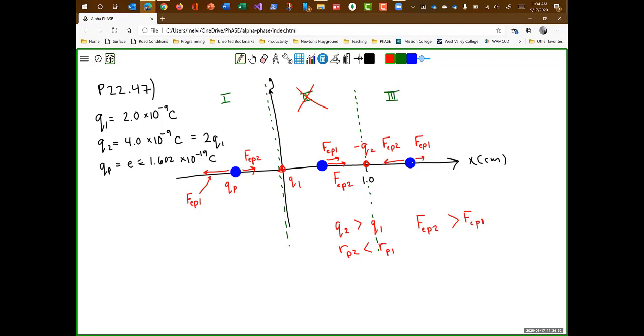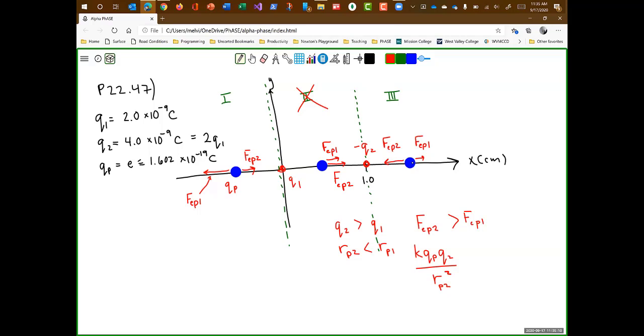And the reason why is if you look at Coulomb's law for these point charges, it is the charge of the proton, charge 2, over the distance between the proton and charge 2 squared.